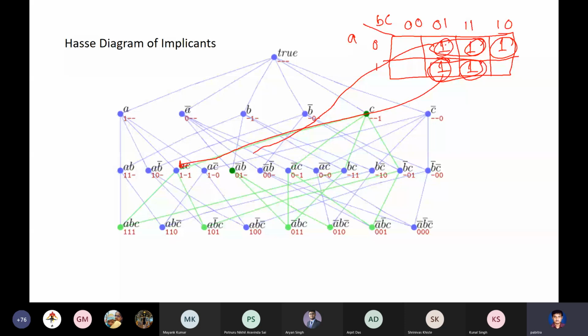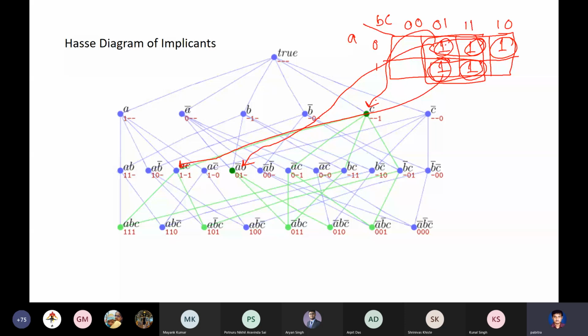Okay. So similarly, what is this? This corresponds to this in my Carnot map, in my Hasse diagram. Right. So all these cubes that you are forming in your Carnot map, you can map them to this Hasse diagram of the implicants, where the partial order relation is an expansion relation. If you get one implicant by expanding another implicant, you can also define a join and meet here.